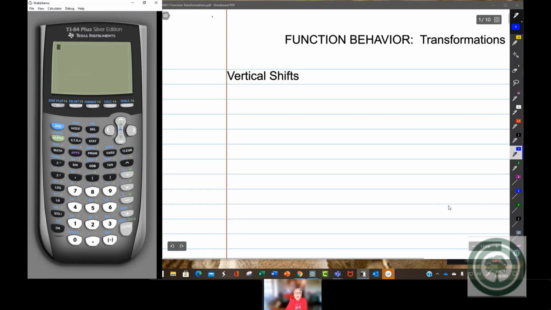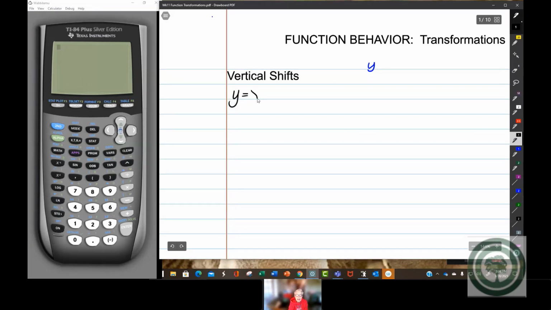We're going to talk about how to shift those functions that we just saw up and down. So let's look at y equals x.